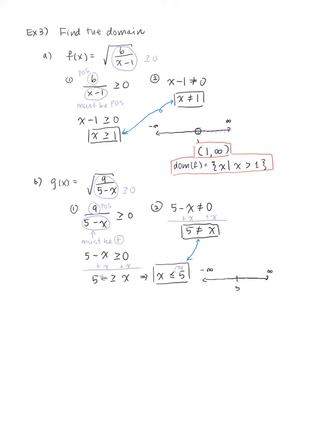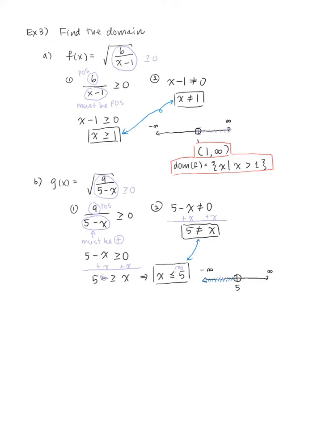Here is 5. x cannot be 5, so let me take care of that one first. I'm going to have an open circle here, which indicates that 5 is not included. And then x is less than or equal to 5, so I'm going to be shading x less than 5.